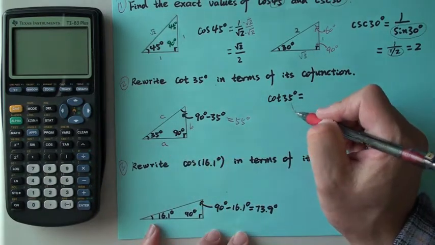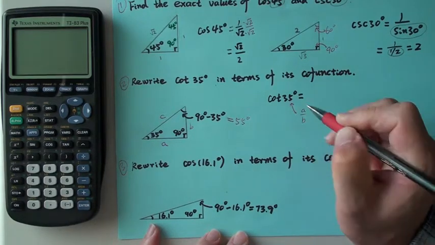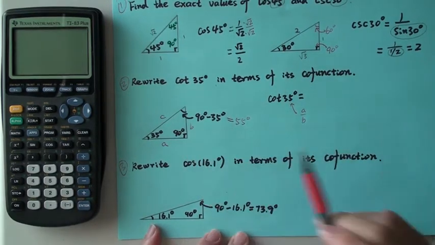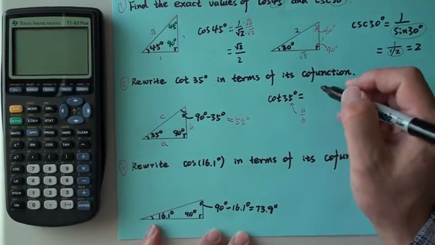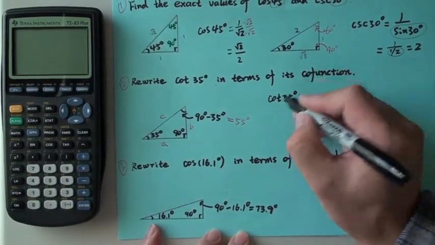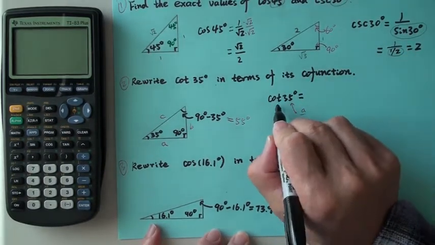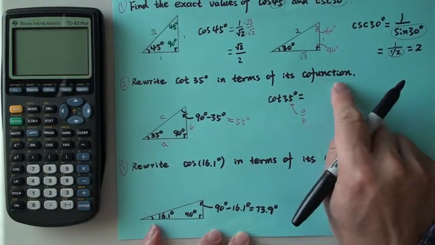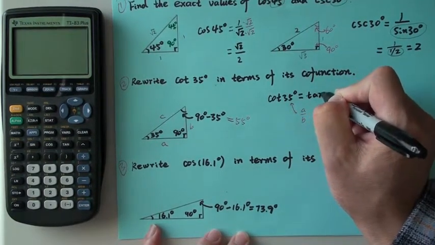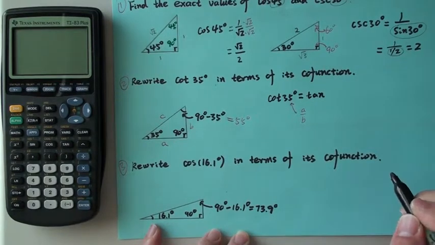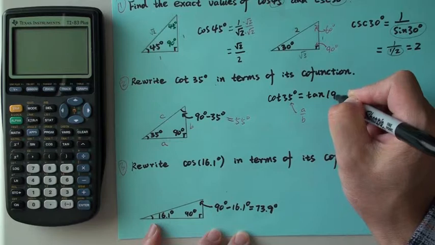So basically this one is A over B, A over B. When you see the cotangent and when you see the cofunction, you want to immediately write what? Tangent. And then here is 35, you want to immediately write what?